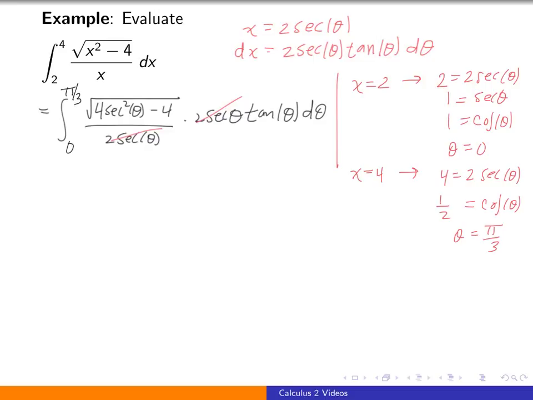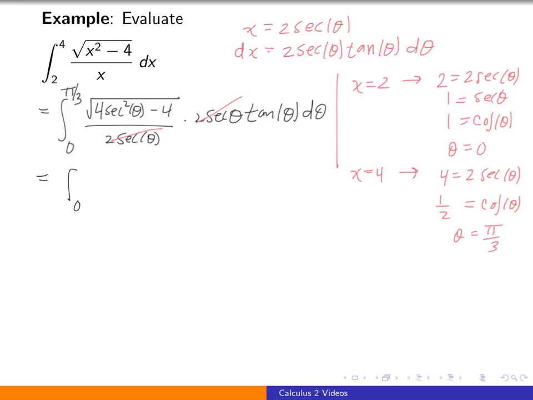As an upside, even though we had to go through this process of changing the limits of integration, what that means is later on in the problem we will not need to resubstitute, which means a right triangle is not going to be necessary. So let's continue our evaluation. The square root of 4 secant squared theta minus 4 is the square root of 4 tangent squared, which is going to be 2 tangent theta.